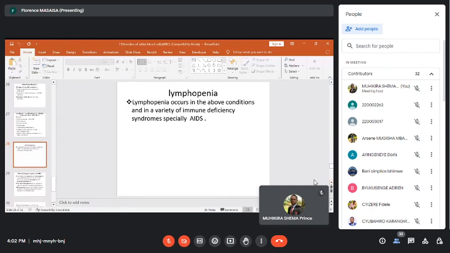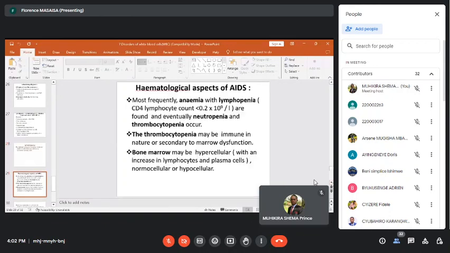A little reminder about the hematological manifestations of HIV. They occur when there is advanced HIV infection, especially when the CD4 count is below 0.2, when there is a high risk of developing anemia and thrombocytopenia.